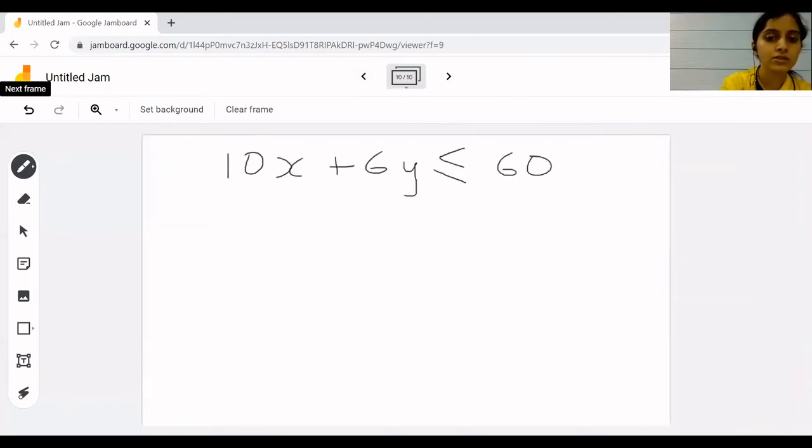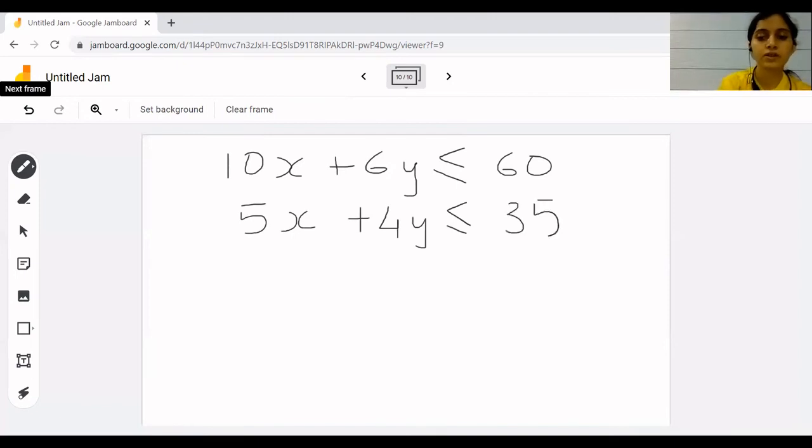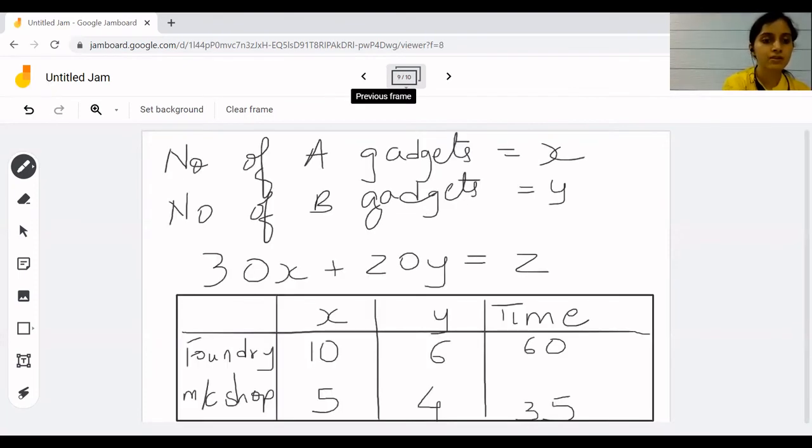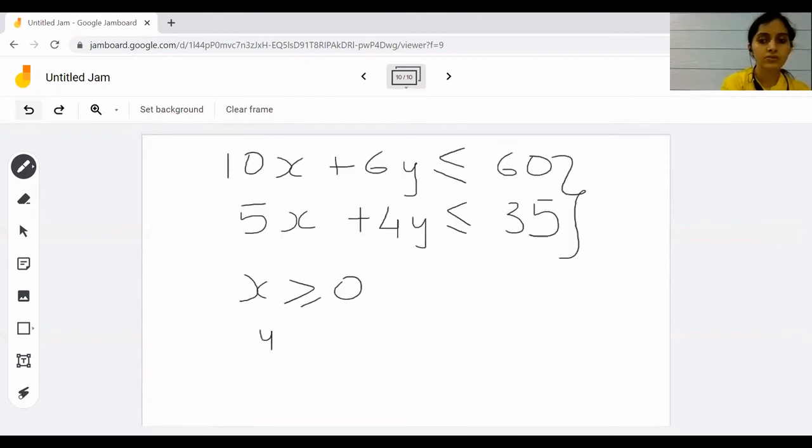So in the machine, x is taking 5 hours and y is taking 4 hours. They have the availability of only 35 hours. So these are your constraints. Okay, and it's a non-negative function, so we have to write this as x greater than or equal to 0 and y greater than or equal to 0.